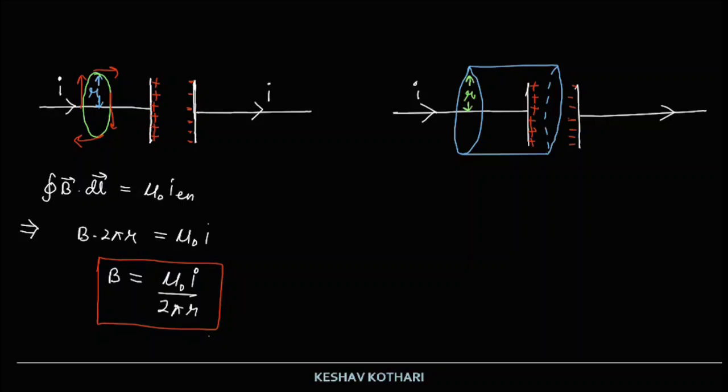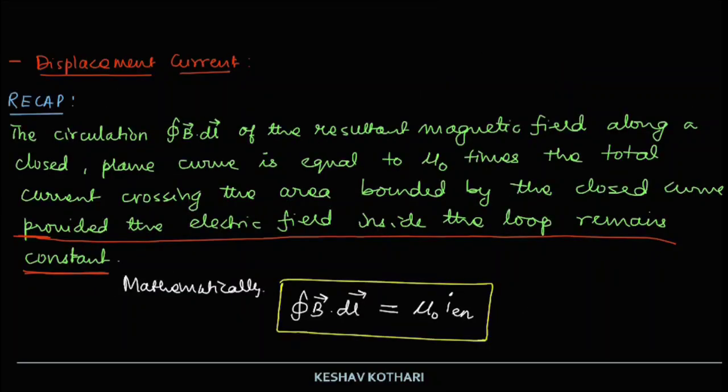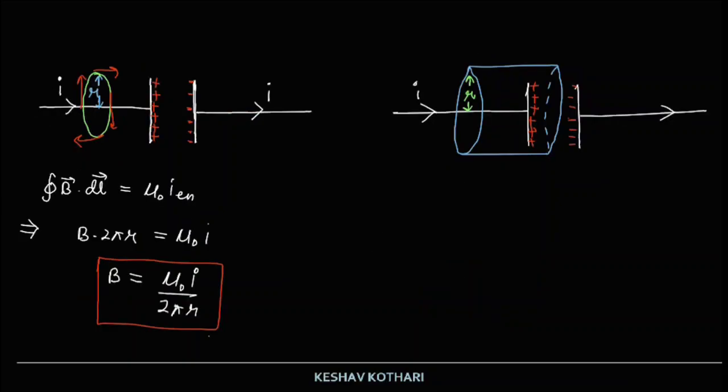In this particular case, if I come to the definition, it says the circulation, the cyclic integral of B dot dl of the resultant magnetic field along a closed plane curve, is equal to mu naught times the total current crossing the area bounded by the closed curve. And in this case, the current is not crossing the area bounded by the closed curve, so the current enclosed is equal to 0.